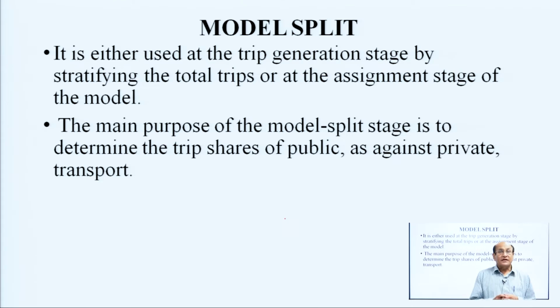It is either used at the trip generation stage by stratifying the total trips or at the assignment stage of the model. The main purpose of the mode split stage is to determine the trip share of public as against private transport.